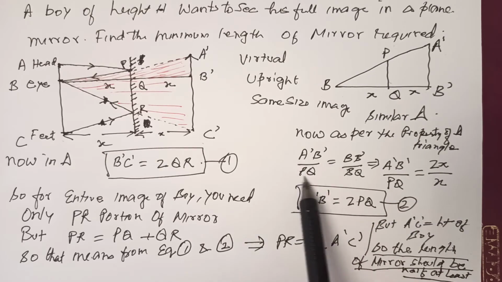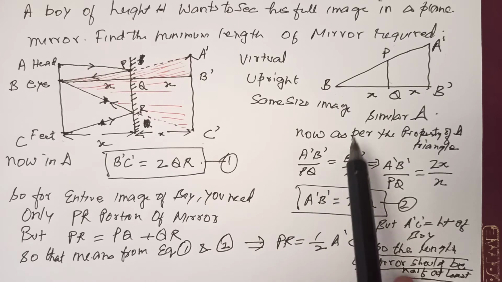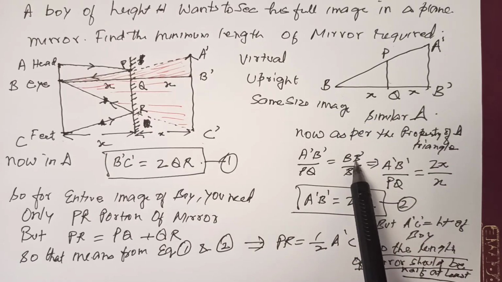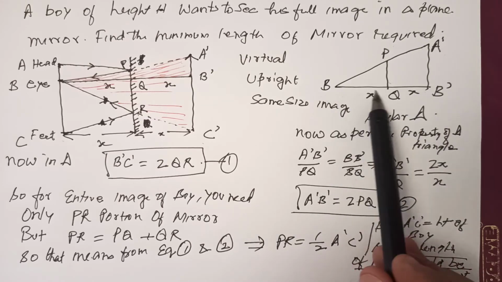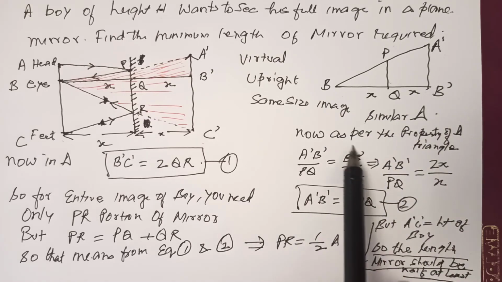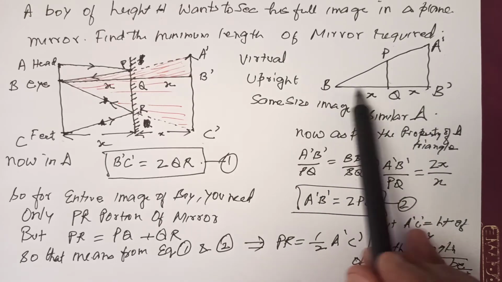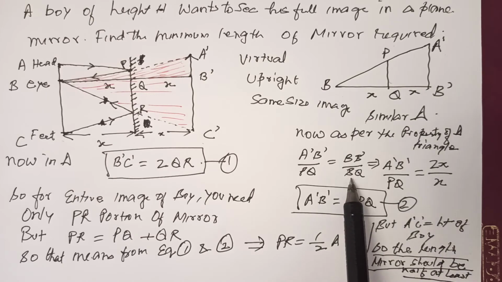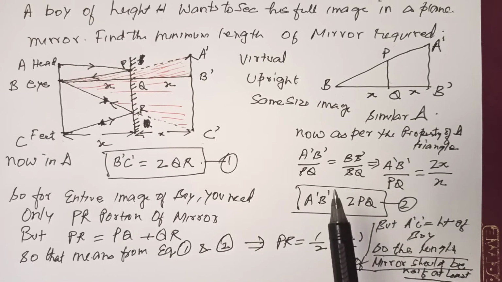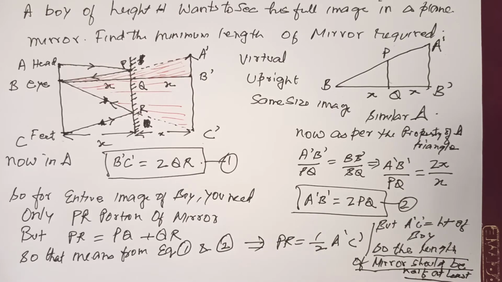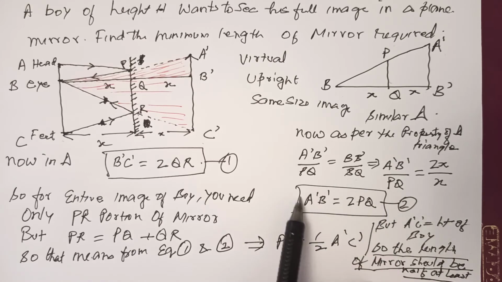These corresponding sides will be equal to B, B dash, this whole side, divided by BQ. This is as per the similar triangles. But BB dash is 2x, so I have written 2x, and BQ I have written x, so x cancels. So I can say A dash B dash is 2PQ. This is the first thing, and I have put it as equation number 2.